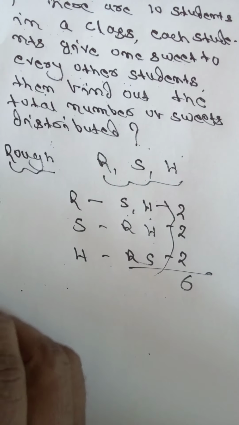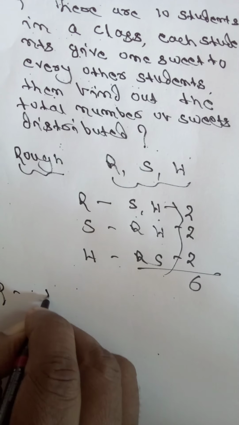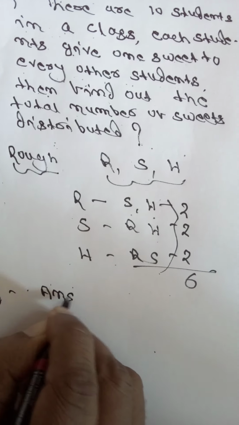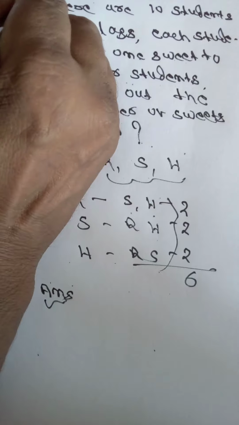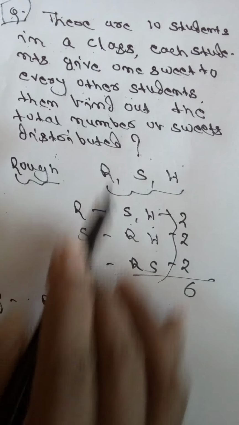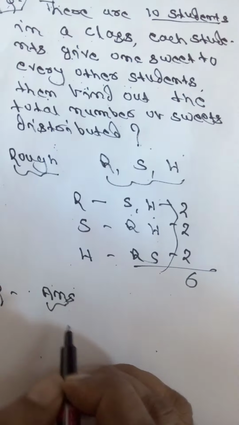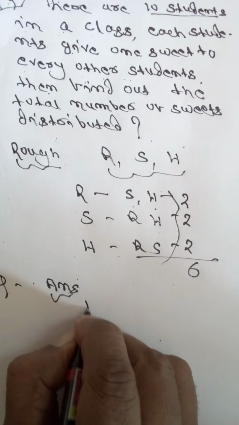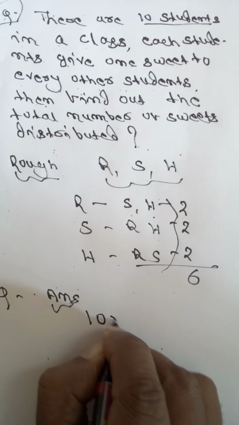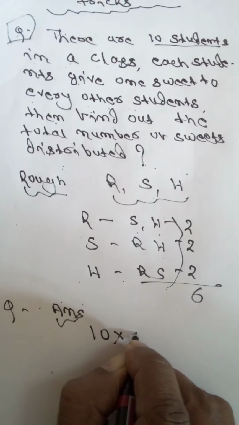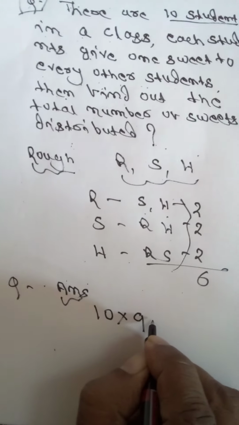So in our question, there are 10 students. That means each student will get sweets just one number less than the total number of students. Each student gets 9 sweets.